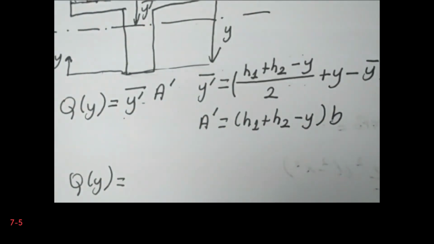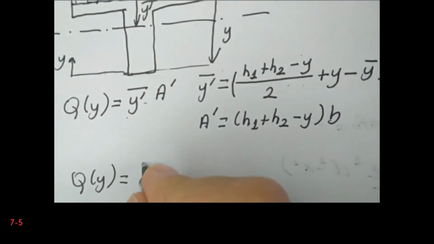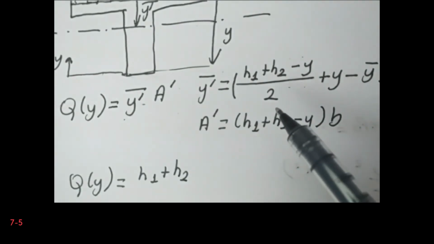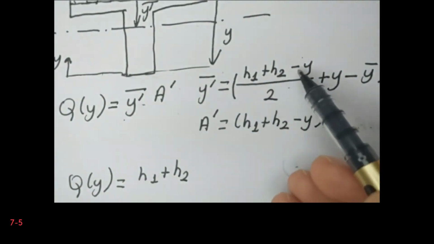So the centroid is h1 plus h2. So it will simplify because I have minus y divided by 2 and plus y.